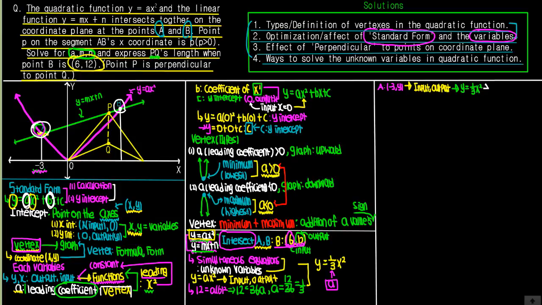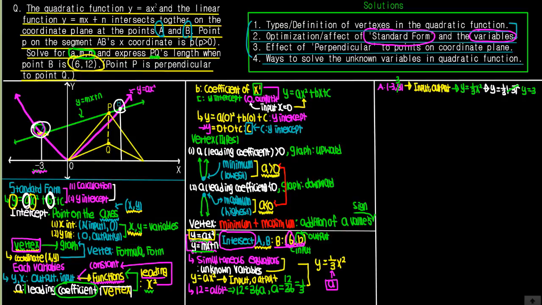So if we input our x value as -3, we'll be able to get y is equal to 1/3. Instead of x, we input -3 squared. -3 squared will turn into +9. We'll be able to solve our y value, which is 3. So instead of y, we're going to get 3.